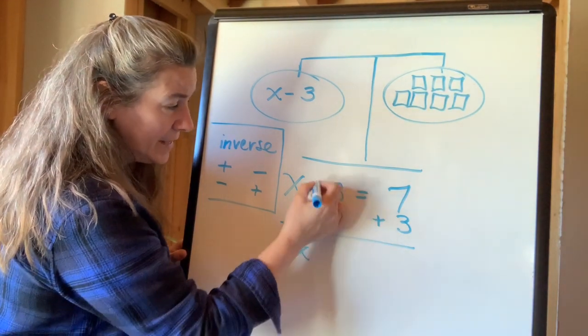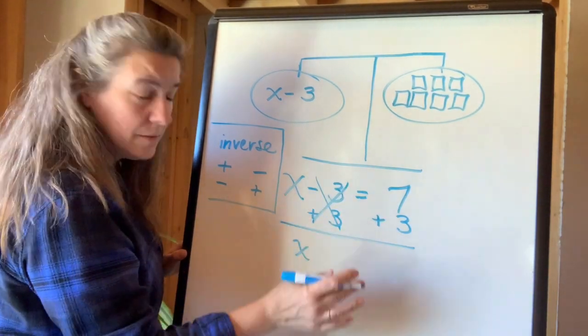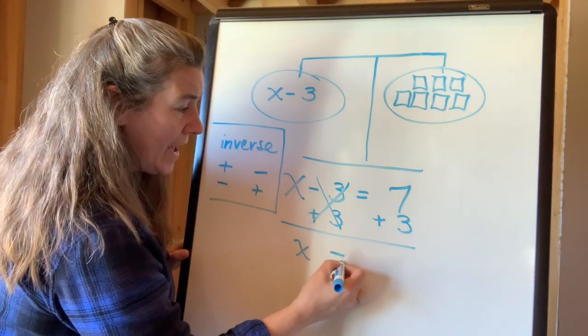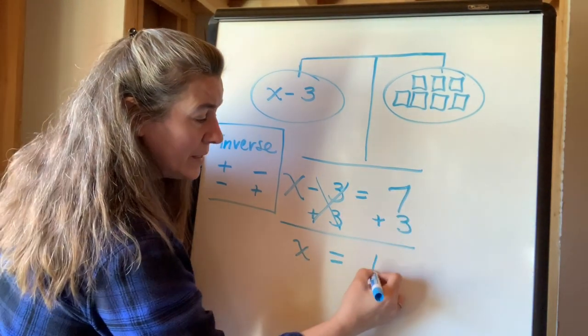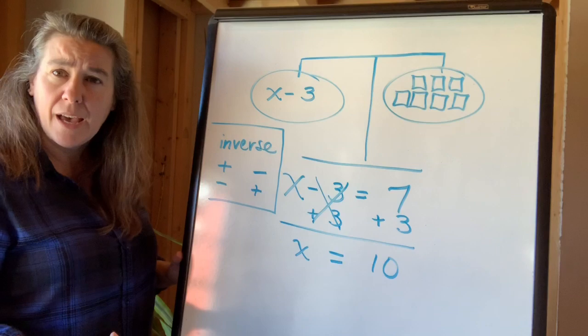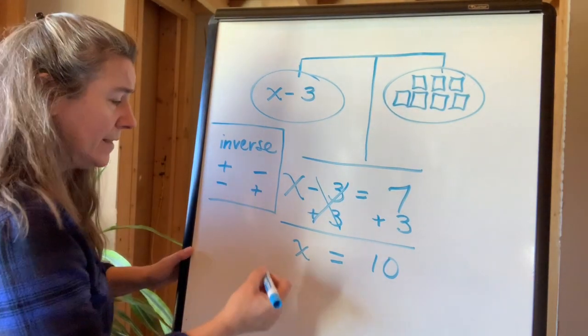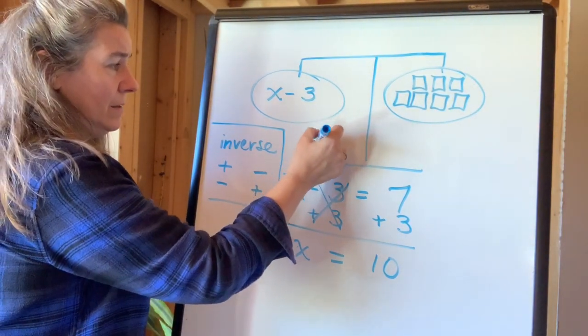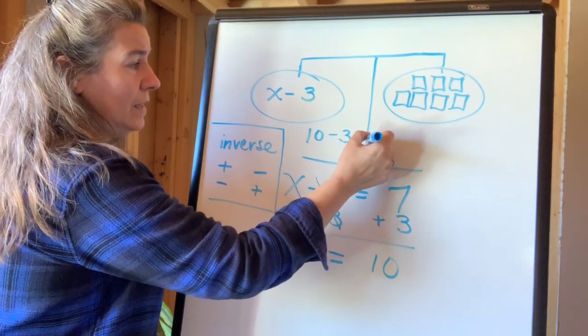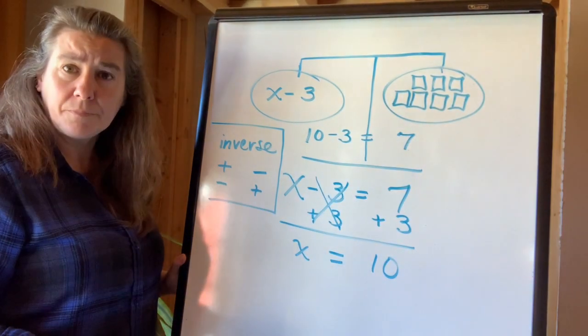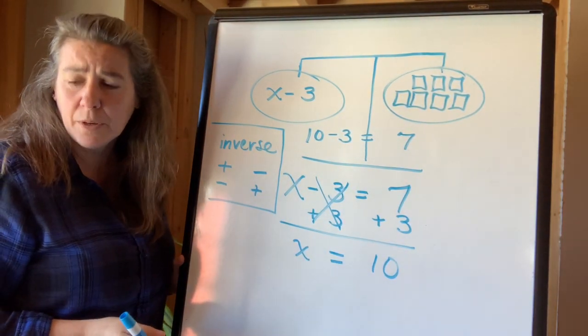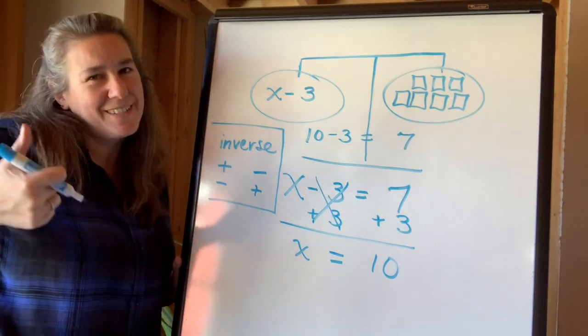So this has been zeroed out. So now X alone is equal to 7 plus 3, which is 10. And that makes sense, right? That 10 minus 3 equals 7. Okay, so that's some of the work you're going to be doing on today's worksheet.